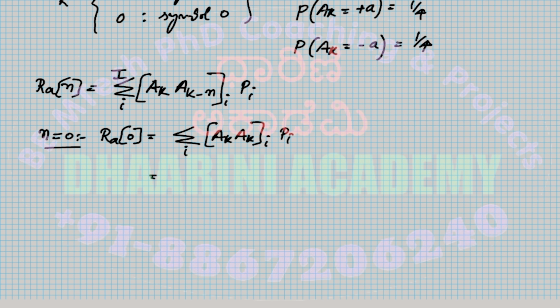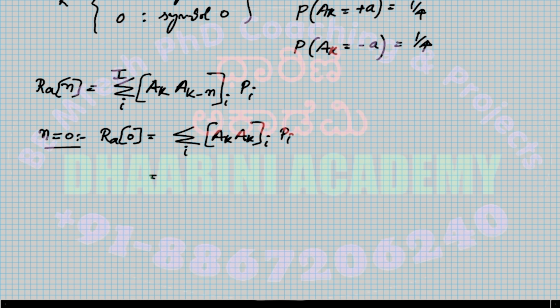What do you suggest? Can't guess, obviously. Even I can guess. So let's look at that. So I know that AK into AK means what? The same term should come. Either it is something like 0 into 0 into the probability, which is half, correct?